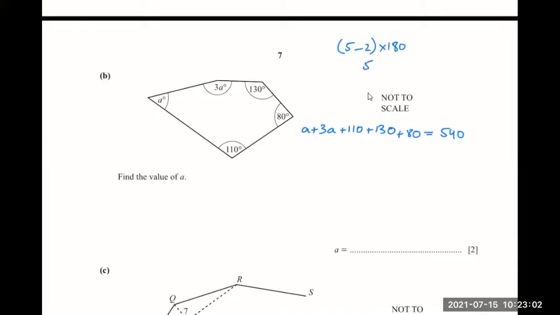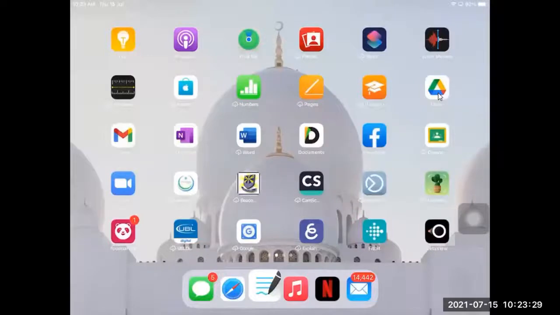So sum of angles must be 540. So I put down 540. This is 4a plus 320, which is 540. Divided by 4, a is 55. Just wait a moment.